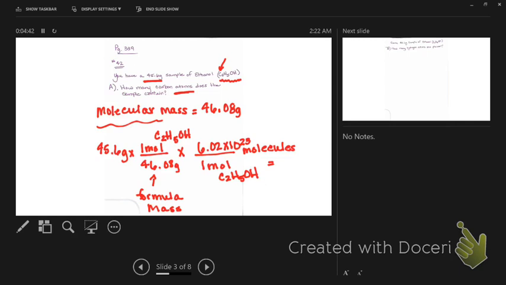All right, so we do the math, and we end up with 5.96, keeping those 3 sig figs, times 10 to the 23rd molecules of our C2H5OH. So we'll go ahead and box that.